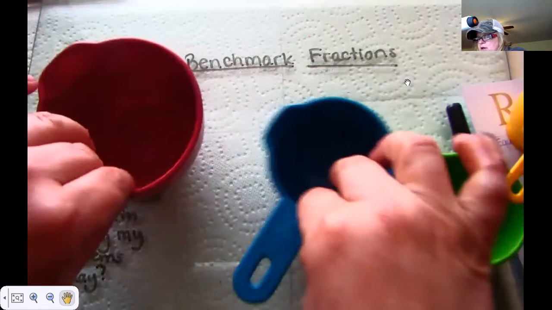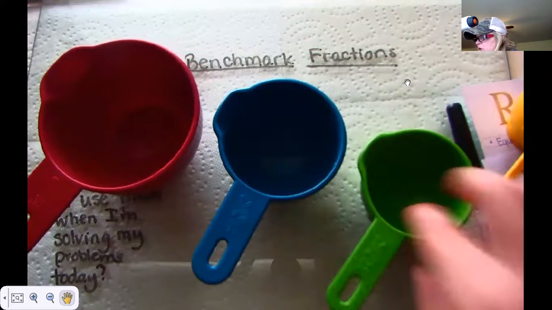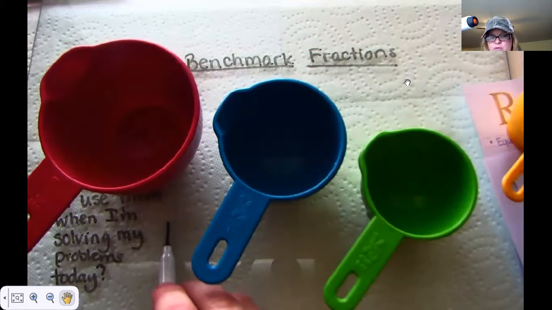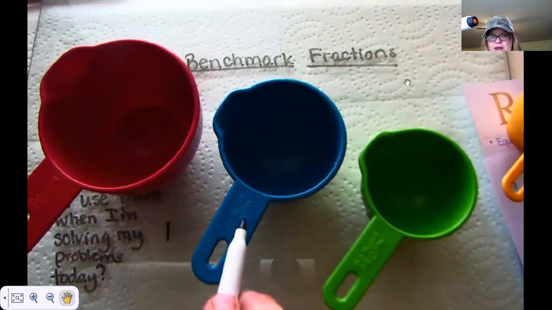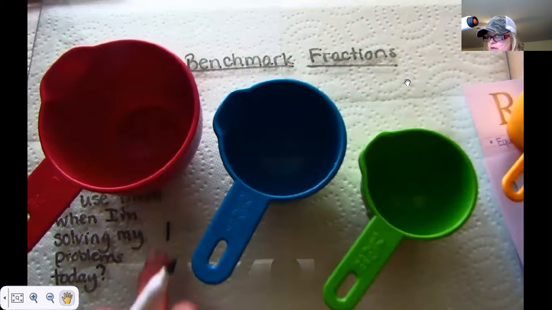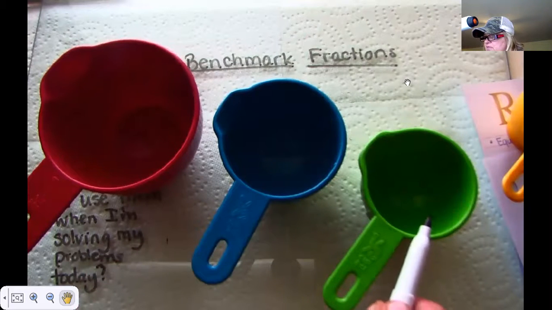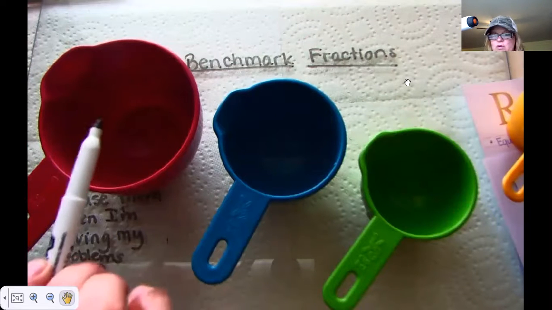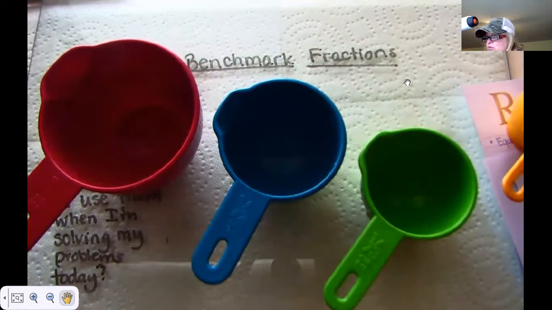So I have one whole, one half, 1/3. If I could label that, you can see it right there, 1/2 and 1/3. It takes 3 of these to equal my whole. They've divided this whole equally into 3 of these, so 3 scoops of that into there will fill it up.